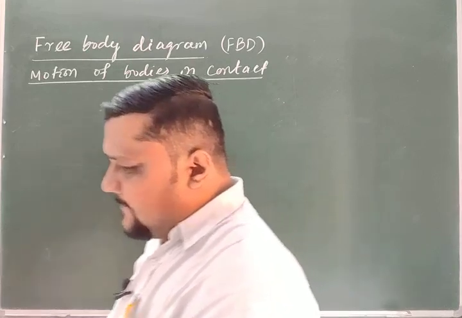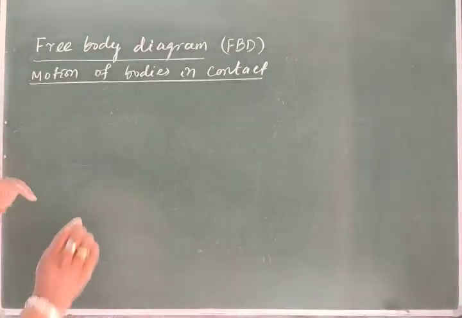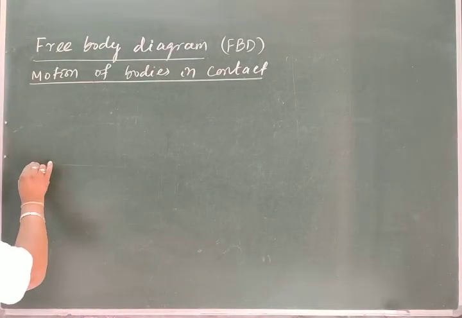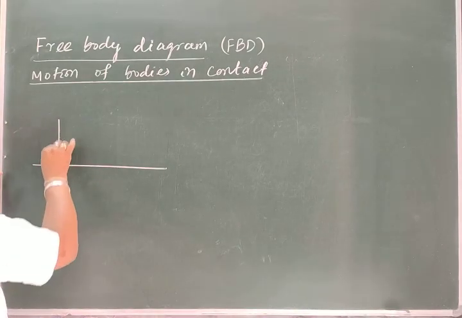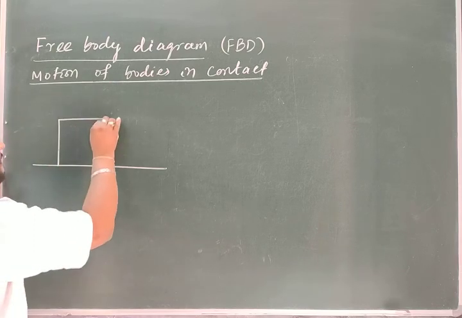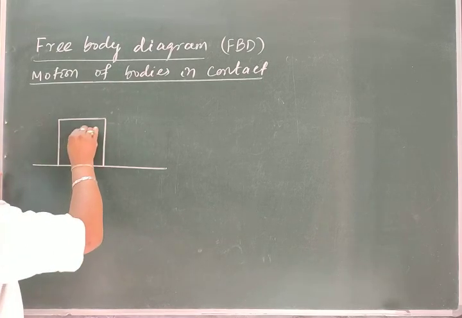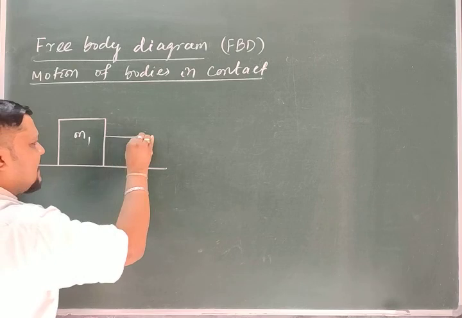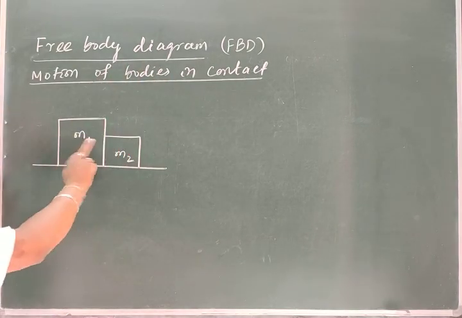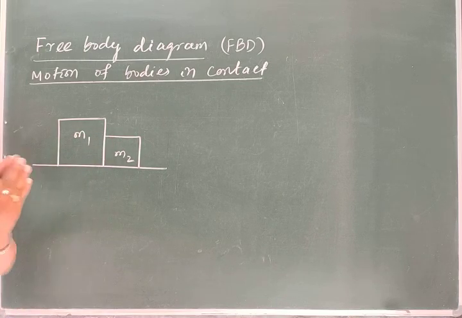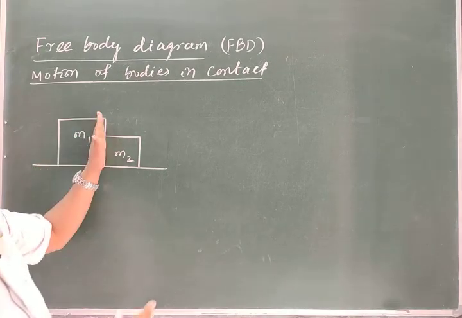So let us consider one example: on a horizontal surface, let us consider two bodies of mass m1 and mass m2. Motion of bodies in contact means the bodies are in contact like this, there is a common surface between the two bodies.